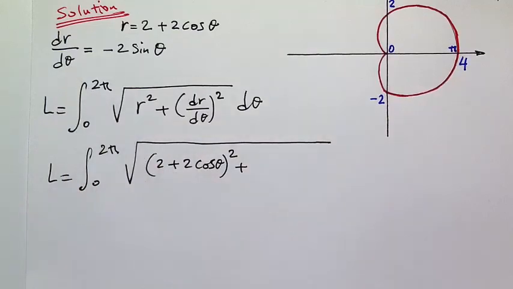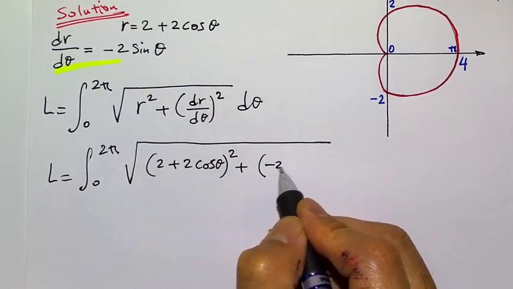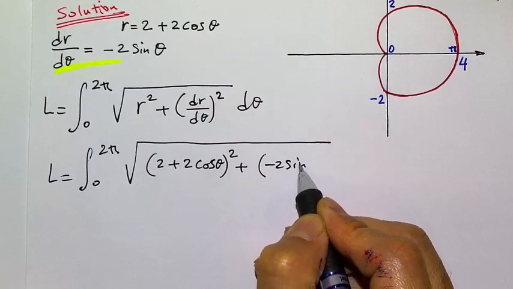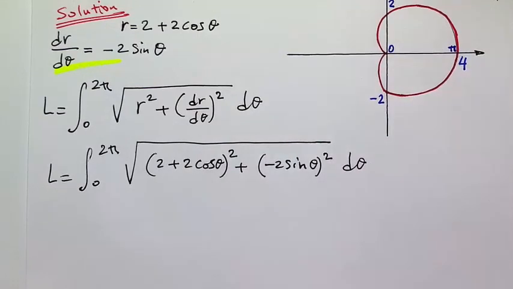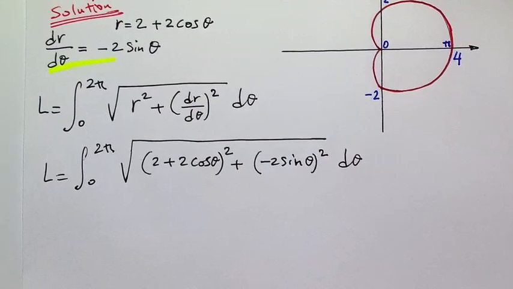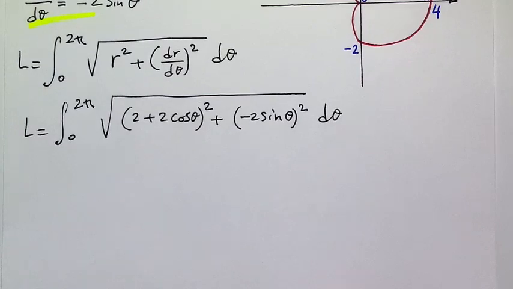This is our dr d theta, and dr d theta is squared. So minus 2 sine theta squared d theta. Okay, so what do we have? We have 4.